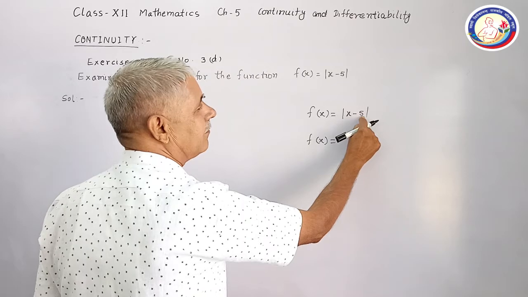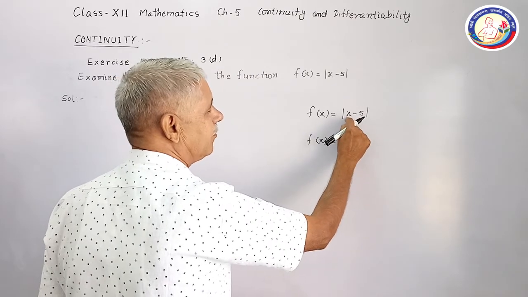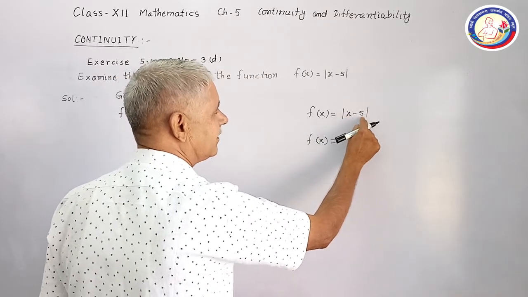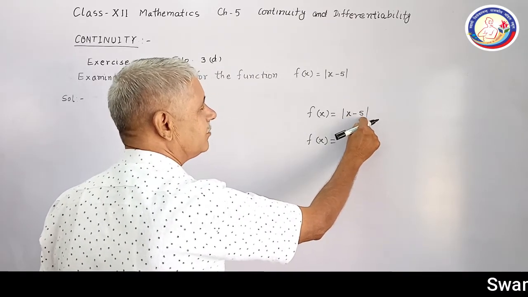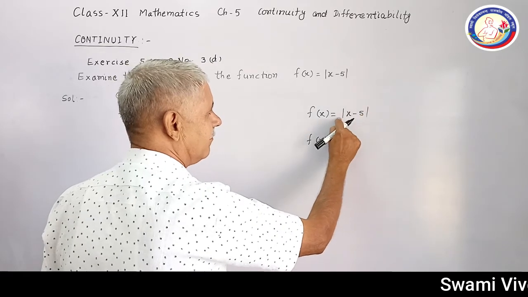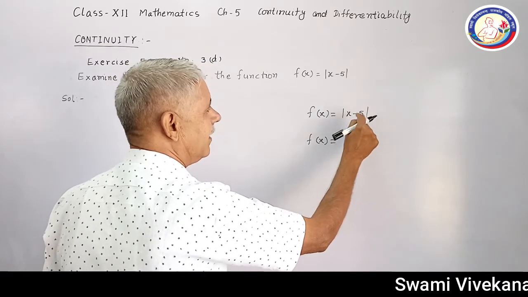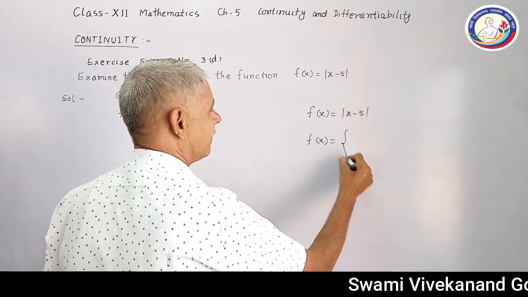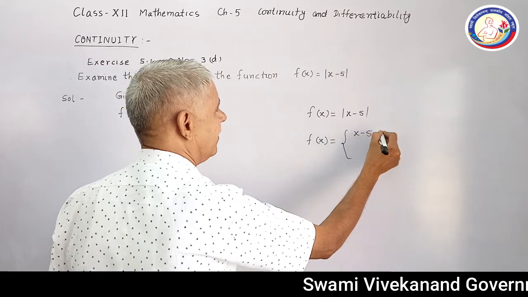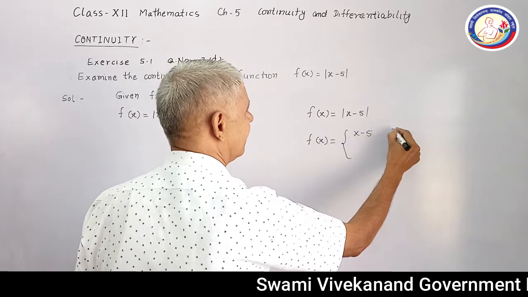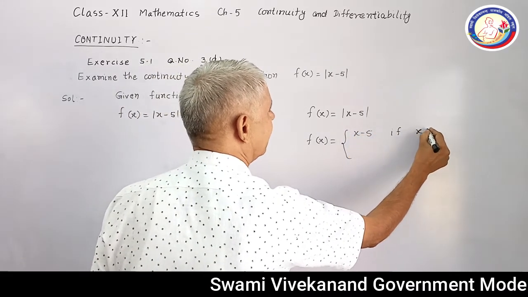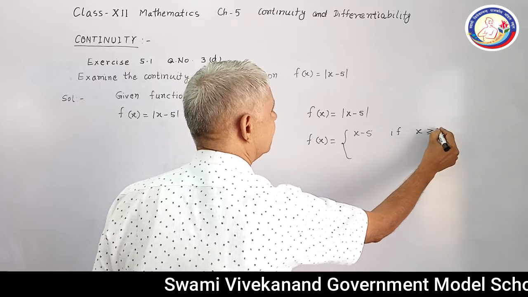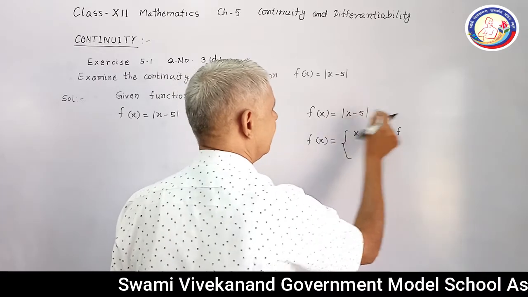If this quantity is positive, or x minus 5 is greater than or equal to 0, the value of this will be x minus 5. So the function is x minus 5 when x is greater than or equal to 5.